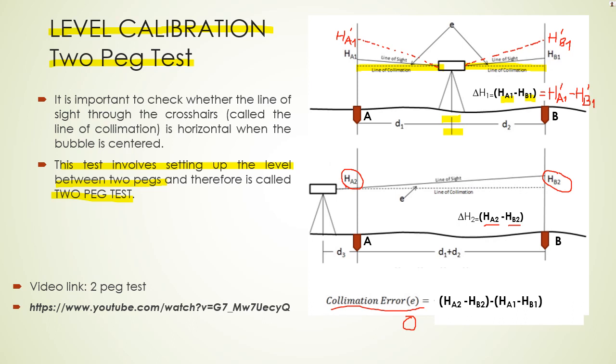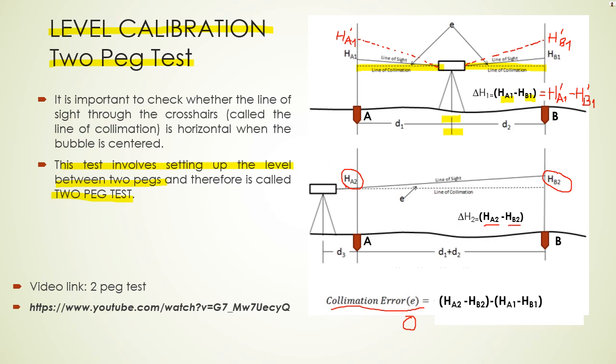If error exists, it means the line of sight here is not horizontal. So in step number 2, you will identify that the height difference of point A and point B will not equal the height difference you measure in step number 1.